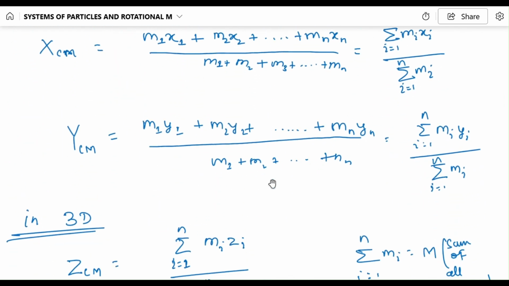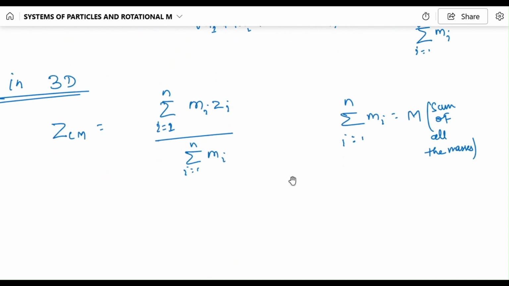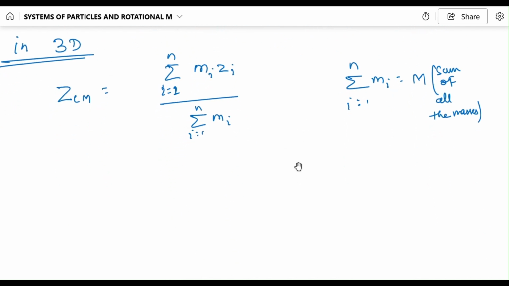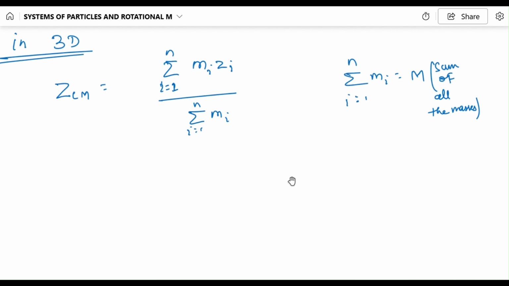Now, till now we have discussed only point masses which are discrete, meaning separately located. But in reality, we will have some systems where these masses are continuously distributed. Let's take the example of a very thin rod. In this rod, the point masses are not scattered, rather they are continuously arranged.